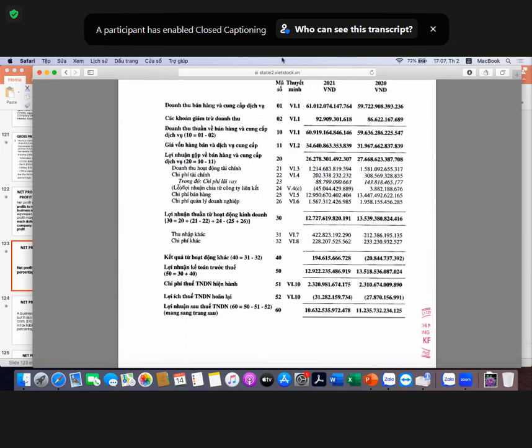How much? 2020 is 18.84%. And 2021 is 17.45. Okay.